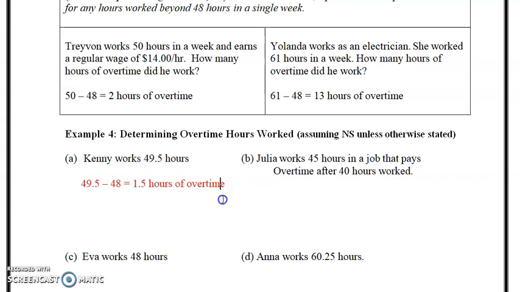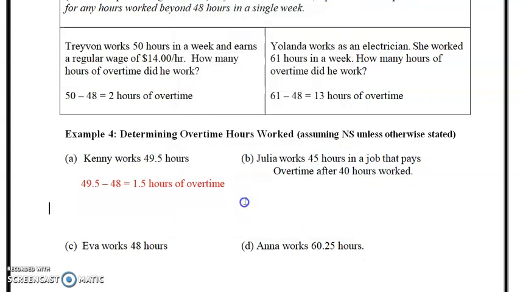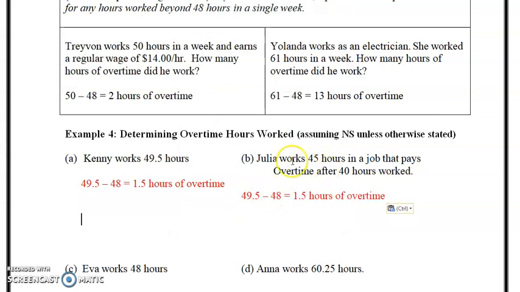And the second example we have, not sure why that's double spaced on me. So this time Julie works 45 hours, but at this particular job, anything over 40 hours is overtime. So that means there's 5 hours of overtime in that particular case.